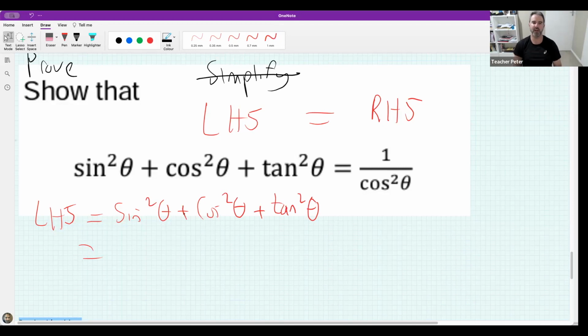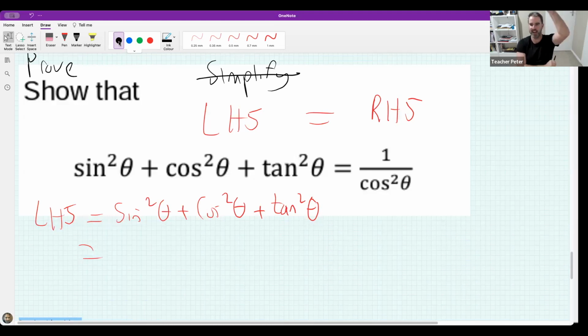If I want to simplify that left-hand side, think about what identities you've learned about so far. What do you think could be replaced or substituted? What's standing out to you? What's saying, pick me, pick me?